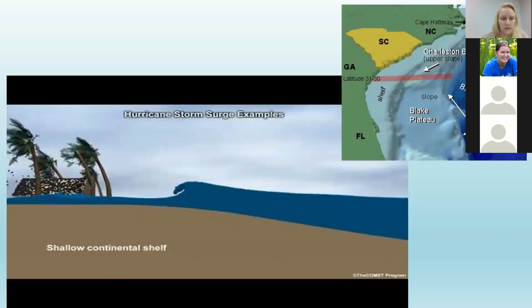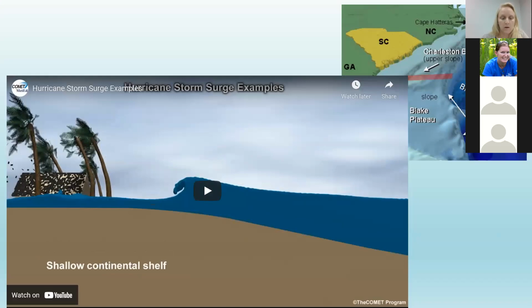The characteristics of the continental shelf are also going to play a factor in the storm surge. I'm going to show a video here that goes through 2 examples: if we have a shallow continental shelf or if we have a steep continental shelf. Before I play the video though, I do want to say, be mindful of the scale of this video, because it might look like we're just talking about the beach slope or the shore face, like what's happening directly offshore, but this is meant to represent the shallow continental shelf.